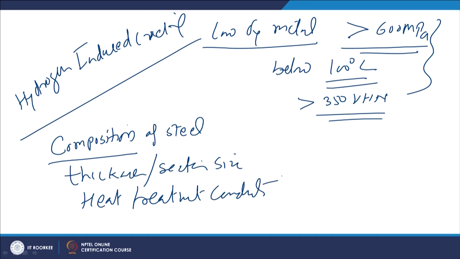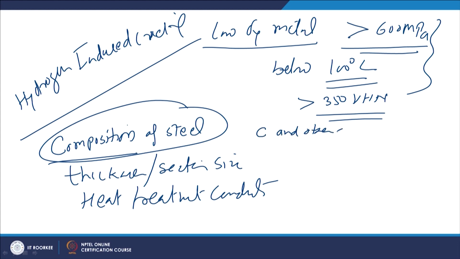Among these, the most important factor is the composition of the steel, which primarily comprises the carbon and other alloying elements.